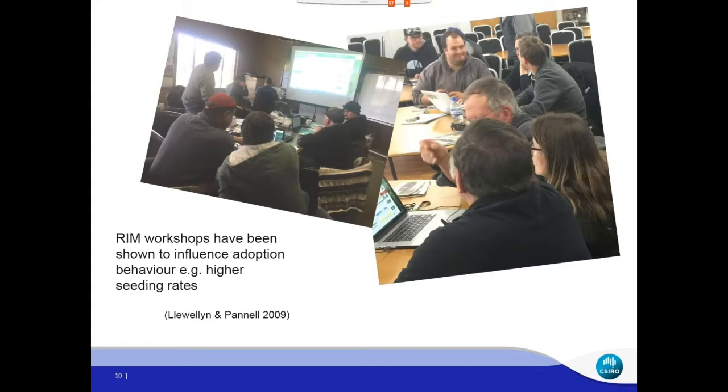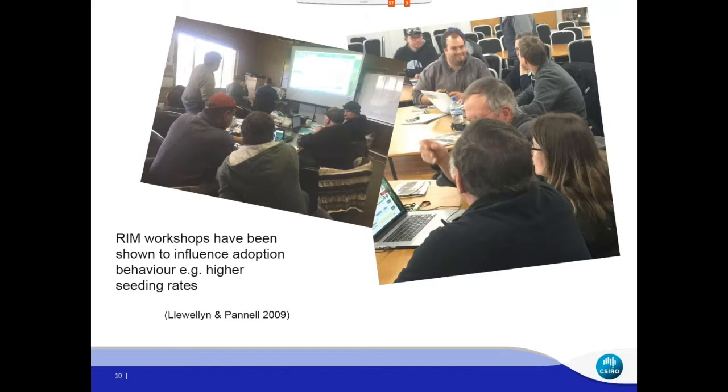So sitting through these workshops, learning about the economics when you consider the longer term seed bank effects and the longer term economics of things that aren't necessarily that obvious in the field, such as extra crop competition and through higher seeding rates, for example, and some of the seed control methods. It has actually been shown, returning to farmers a year later, versus who were at the workshop versus those who weren't at one of these workshops, that it did have a significant effect a year later on adoption and adoption behaviour in terms of planned adoption of different practices. So it's got a reasonable track record.